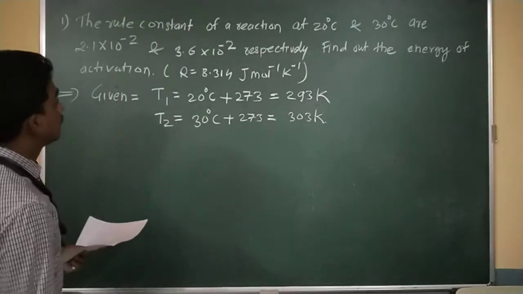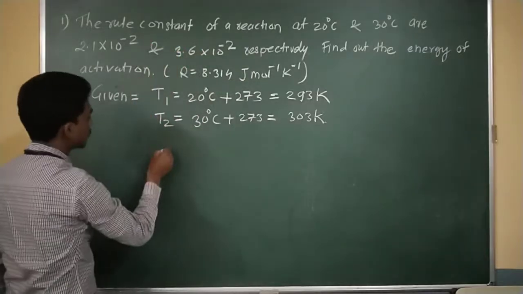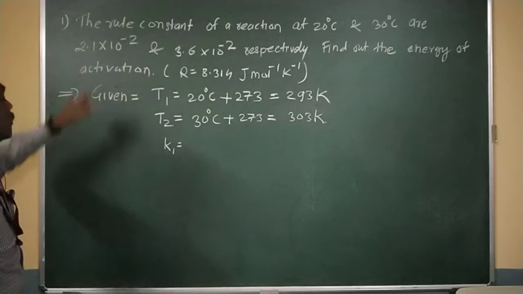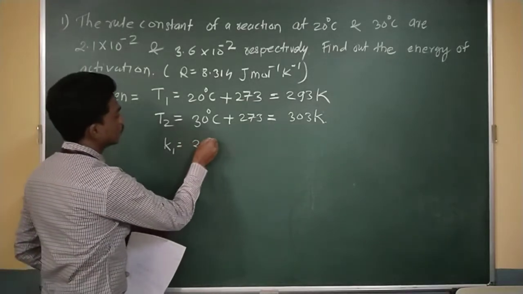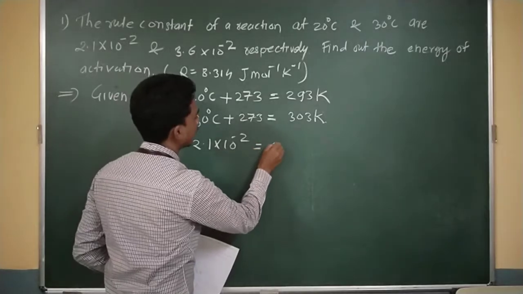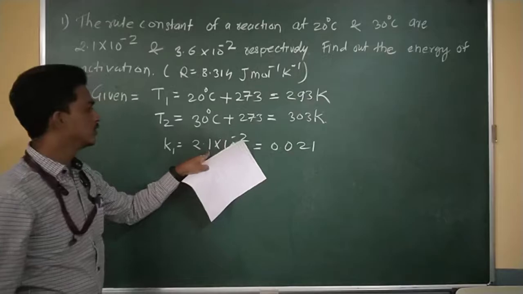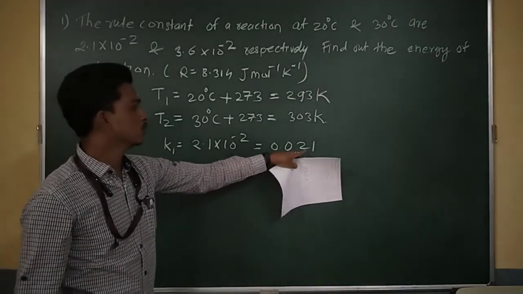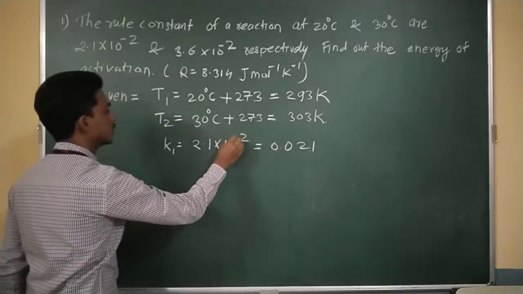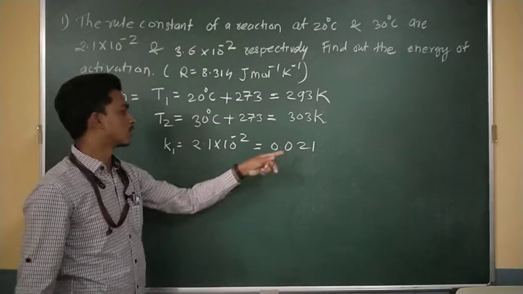Next, what is given here? Rate constant K1. The value of K1 is 2.1 into 10 raised to minus 2. I can write this value as 0.021, because of the minus 2 here. Minus 2 means two zeros in front of this digit.